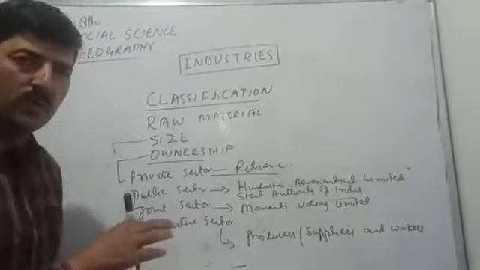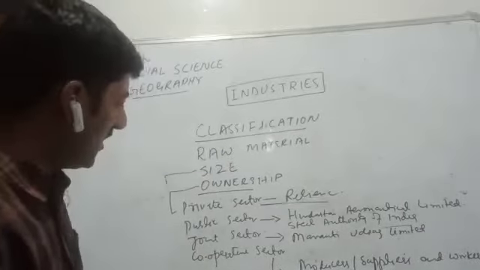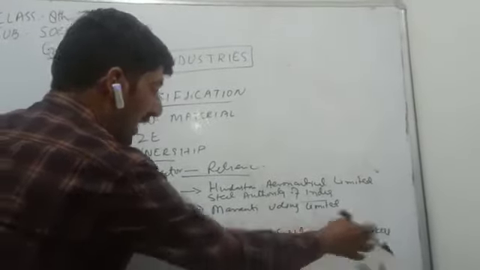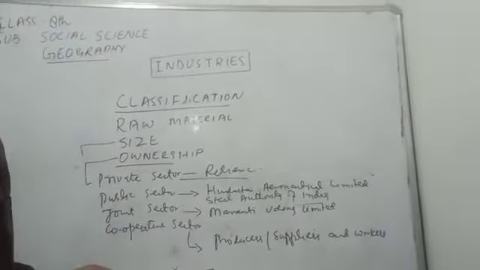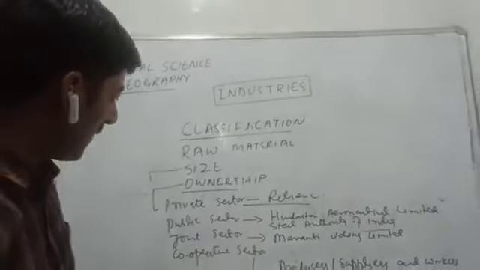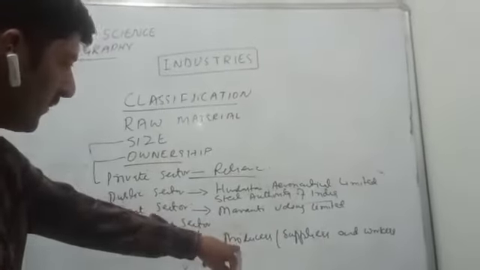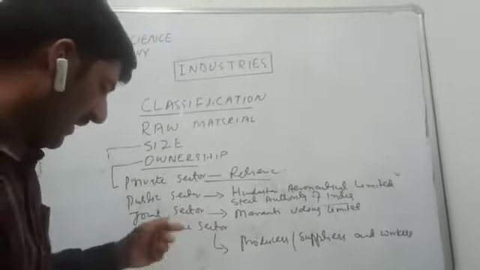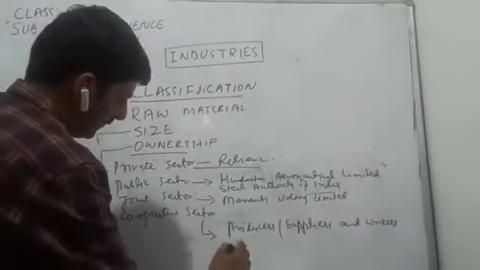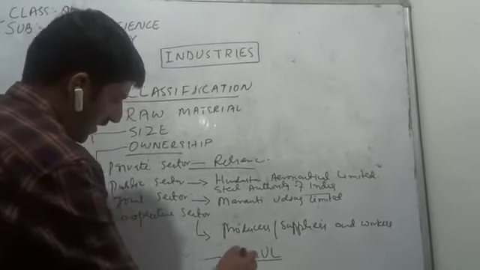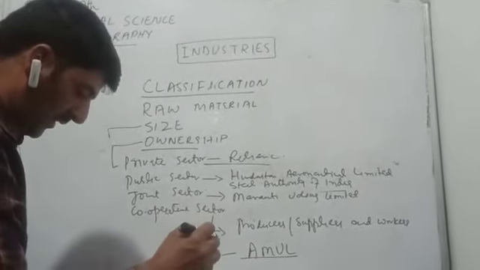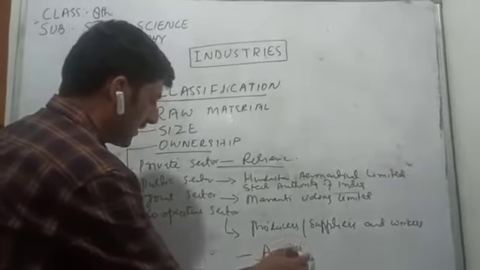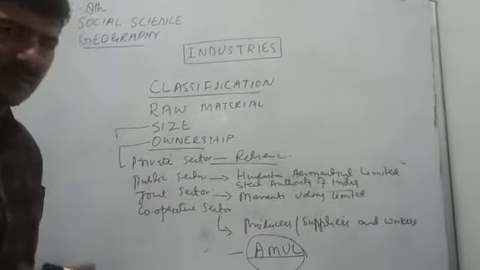It is a joint venture of both of them. For example, Amul, Anand Milk Union Limited. This is a cooperative sector industry.